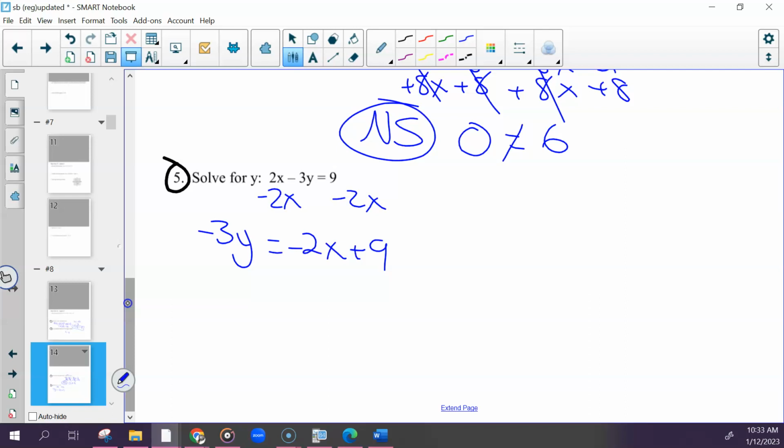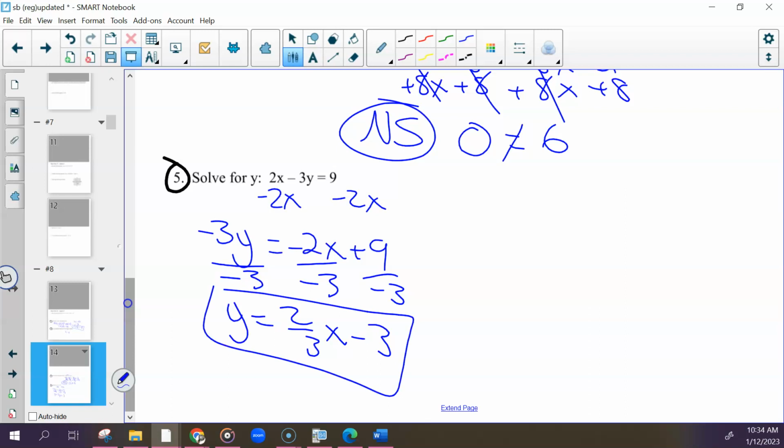But that's not necessary to switch them. And then to get y by itself, divide everything by negative 3, because I know that this would simplify. So y equals, this would become a positive 2/3 x and a negative 3. Questions on that one?